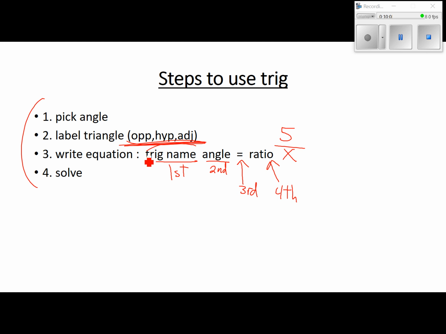So every single time: trig name, then the angle, equal sign, then the ratio. Then you're going to solve that equation. I'm going to show you how to solve those equations. So every single time you've got to do these 4 steps.